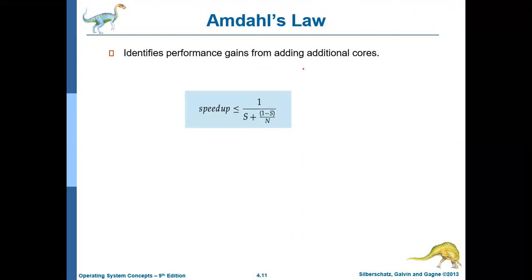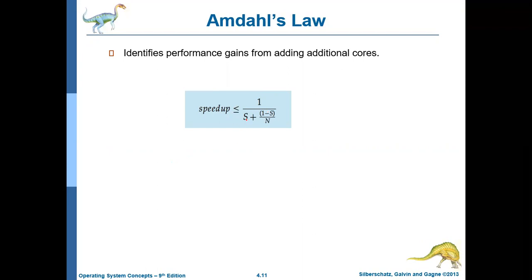Okay, and this is the formula. The speedup of the processor will be less than or equal to 1 by s plus (1 minus s) by n. So the speedup that is gained by adding more cores will be equal to this.